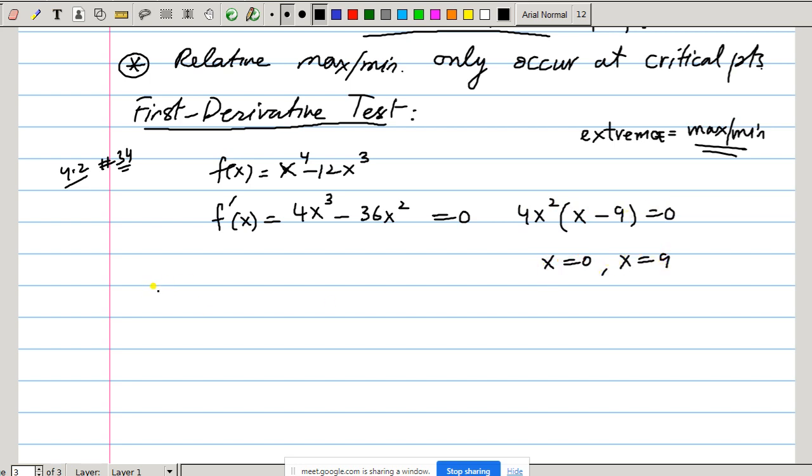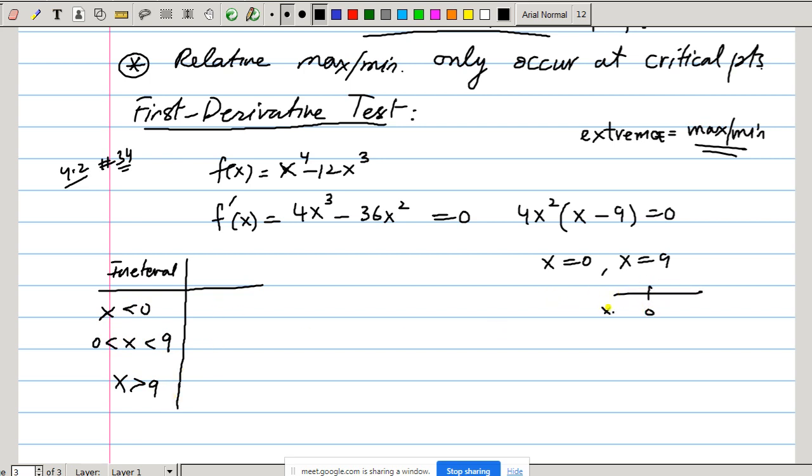Now, instead of writing the intervals, I will write left and right values, like x less than 0, x greater than 0, and x less than 9, x greater than 9, because it looks more to the left and to the right. Otherwise, we can write intervals as well: x less than 0, then to the right of 0 up to 9, and then x greater than 9.